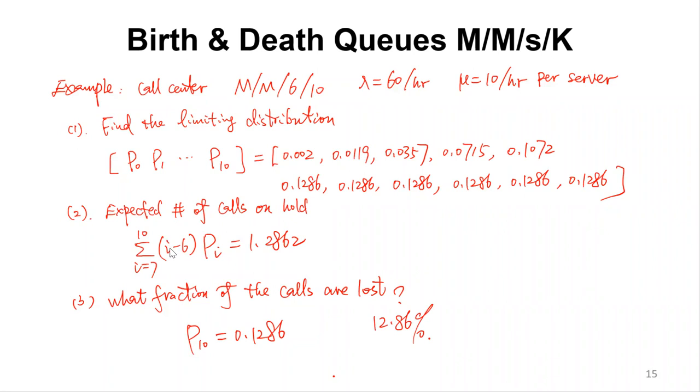So the number of calls on hold, because if there are 7 customers, you will have 6 in service and 1 on hold, is the sum of (i minus 6) times P_i. It's 1 times P7 and 2 times P8, and so on, and then it becomes 1.2862. So what fraction of the calls are lost? That is P10, P_K. It's about 12.86%.